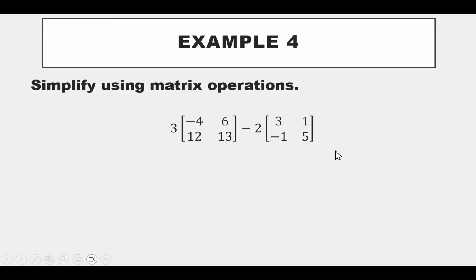Let's do one more example. In this example, it asks us to do simplification. We're going to combine and we're going to write our answer as one matrix. When we do that, notice that this is going to require us to do scalar multiplication and matrix addition or matrix subtraction, depending on how I do my scalar multiplication.